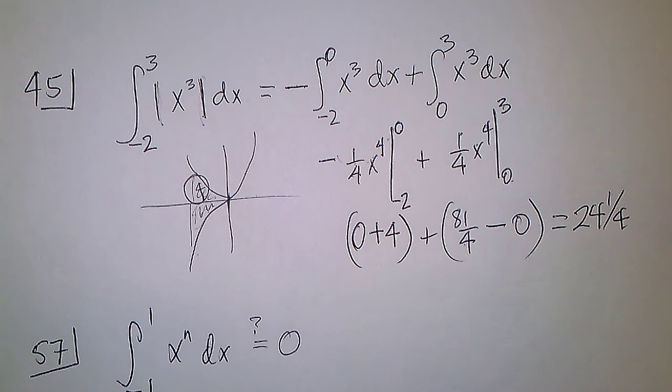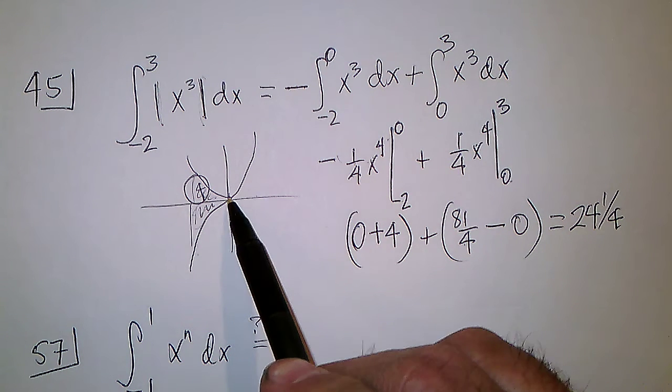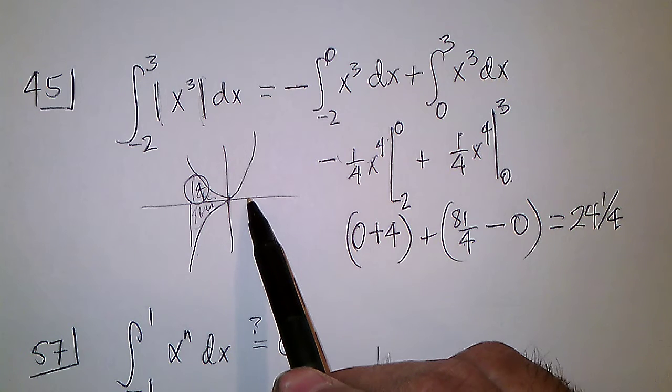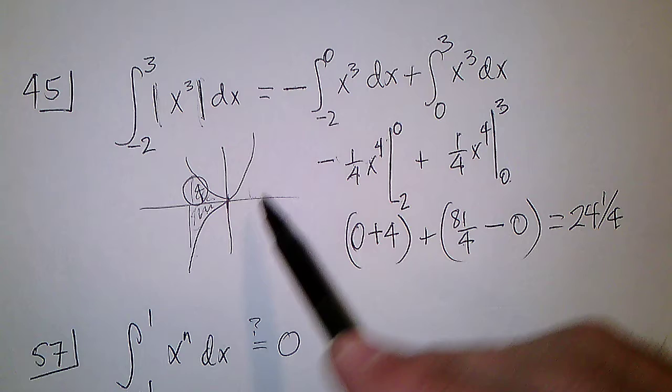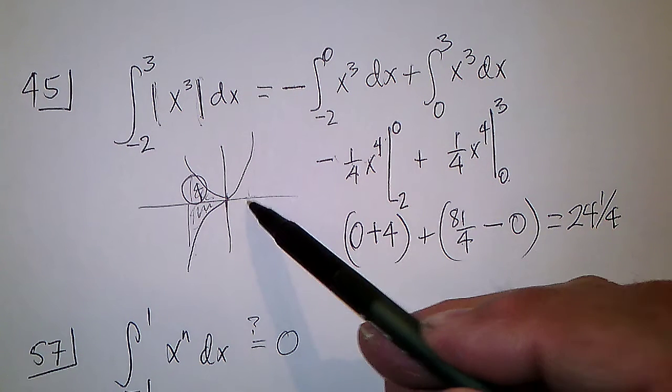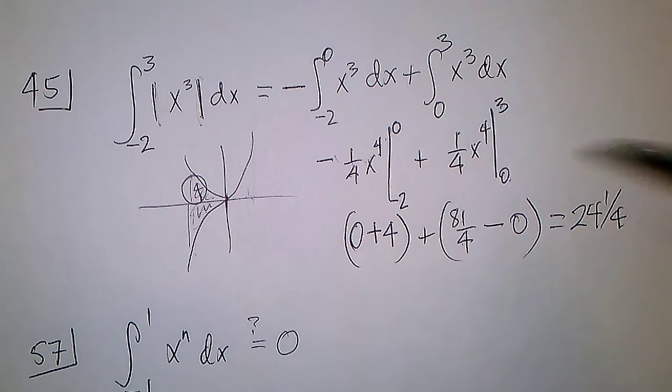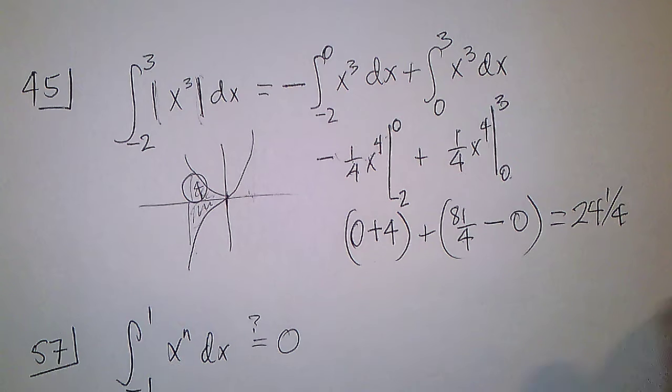Okay? Now we could have just calculated the area from 0 to 2 and then doubled it, and then the area for 2 to 3. But this works. Okay.